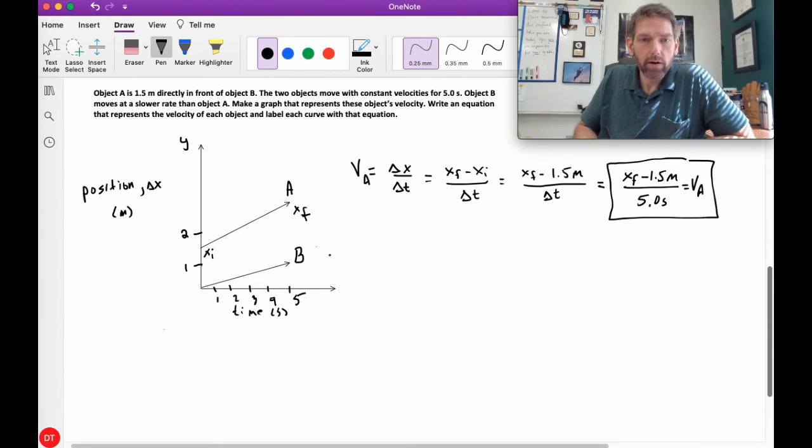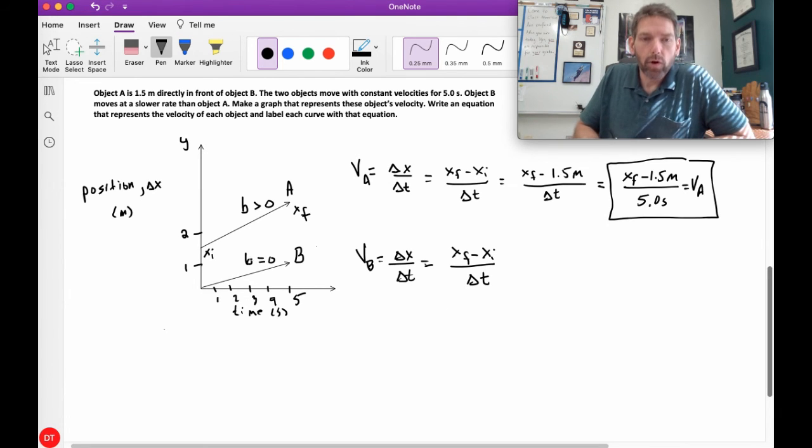Now right here, and this is all true because right here B is greater than 0. Here, the intercept B equals 0. That's what we're calling it, right? So in this case, we've got the velocity for B equals delta x over delta t equals x final minus x initial over the change in time.